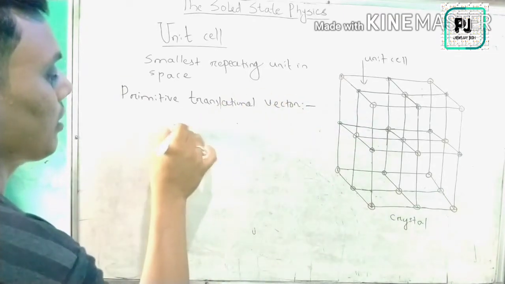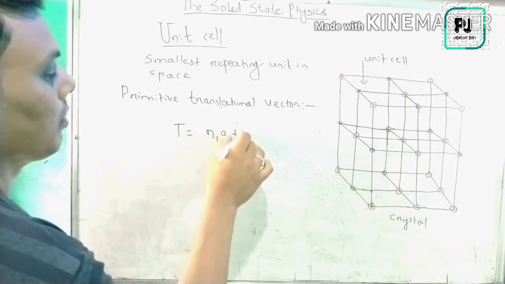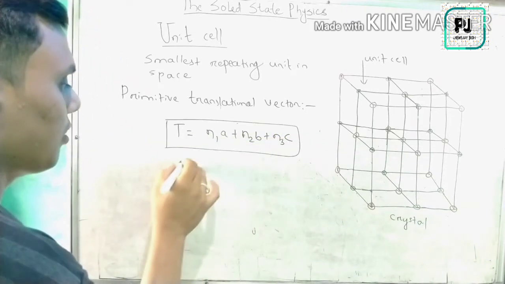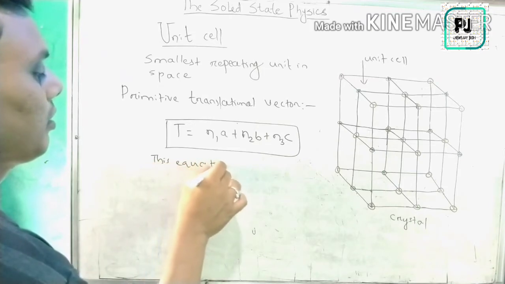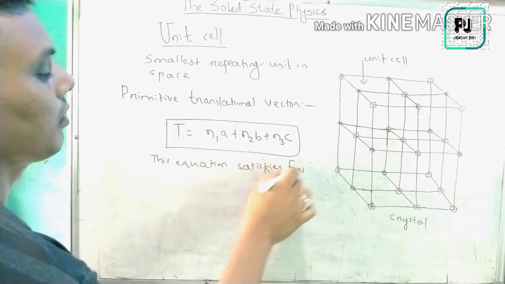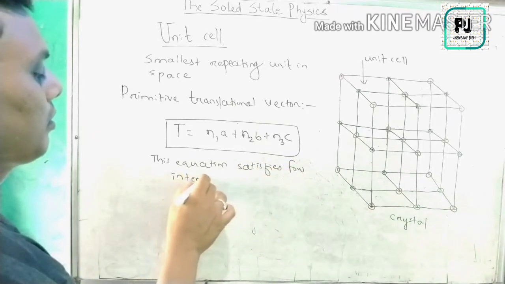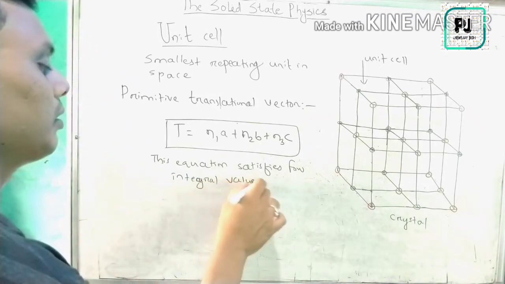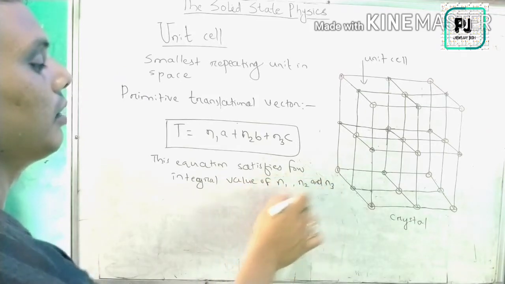When we know the translational vector, it satisfies n1a plus n2b plus n3c, and this equation is satisfied for integral values of n1, n2, and n3.